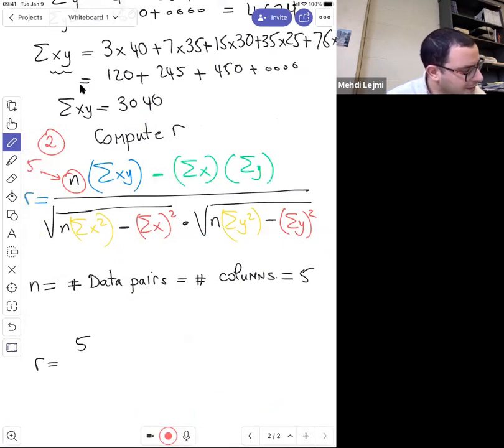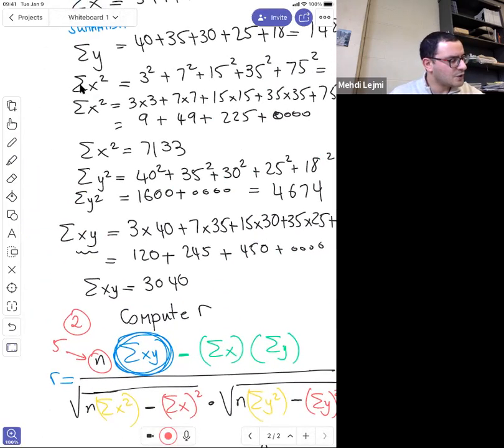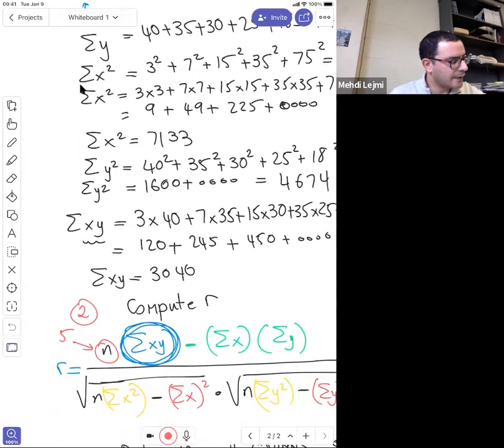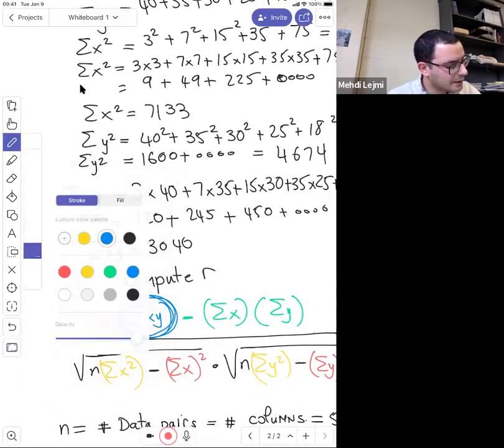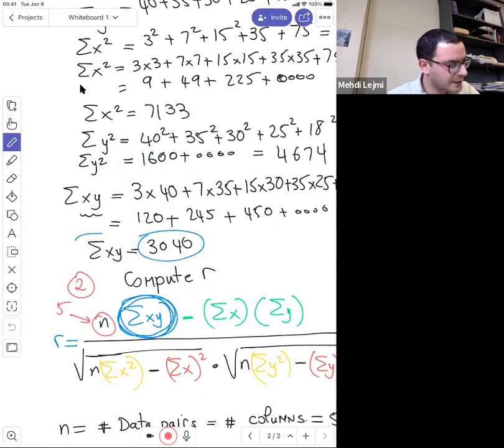There is the sum of X times Y, so X multiplied by its corresponding Y. That will be this number here, the 3040.